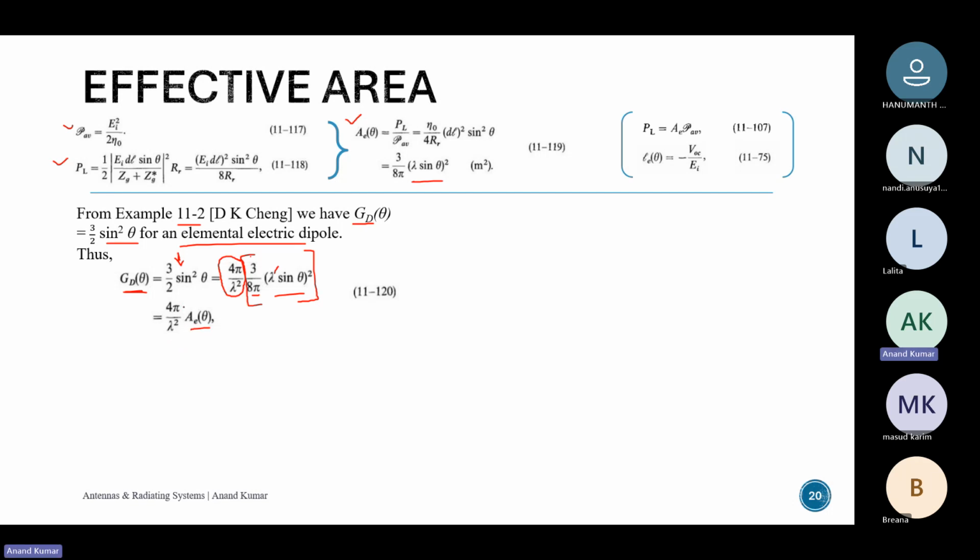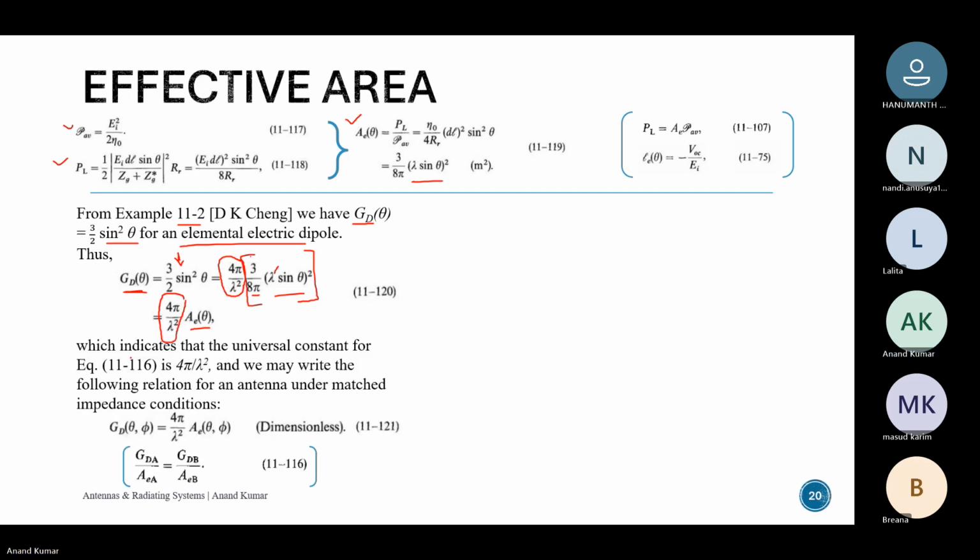So from here we get the constant that we declared to be equal to this. This indicates the universal constant for this expression. If you remember from the derivation, the gain upon the effective area we had said is equal to some k. Now this is equal to 4 pi by lambda square.